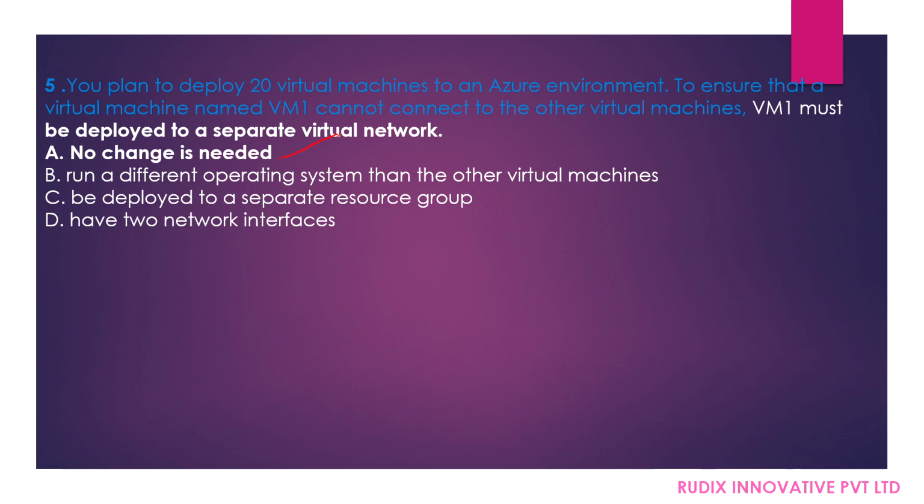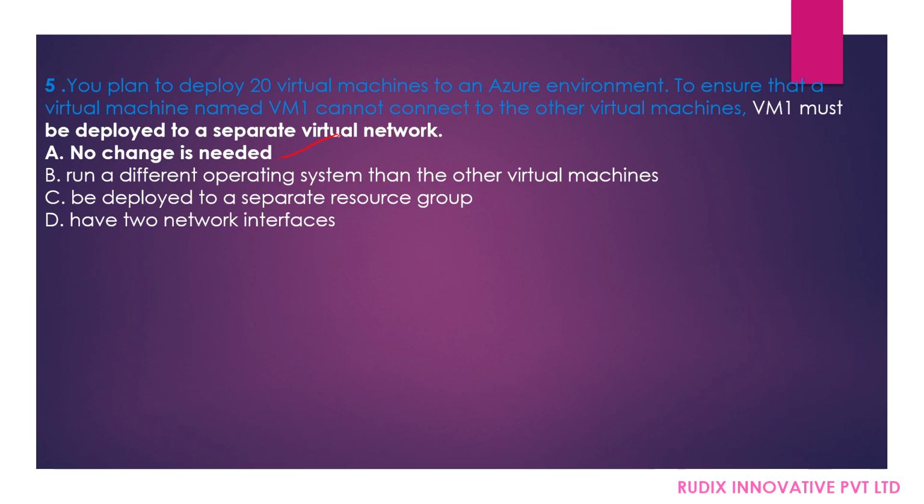Coming to C, deploying to a separate resource group. A resource group provides a logical grouping of Azure resources. We can place VMs in different resource groups and apply separate permissions and policies specific to the resource groups.